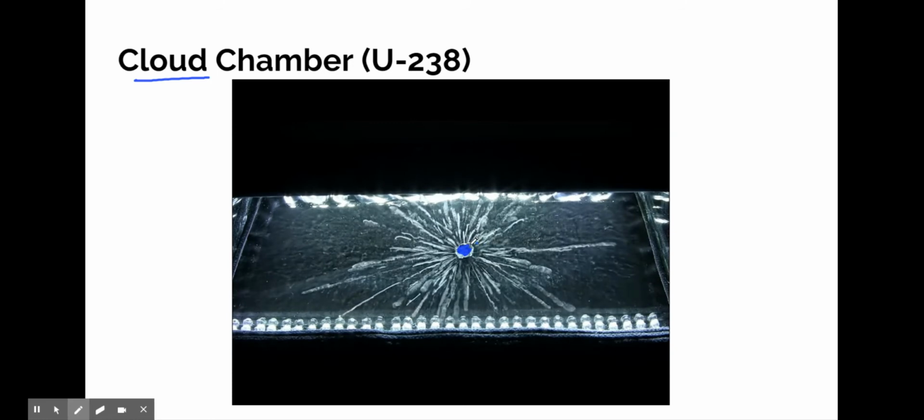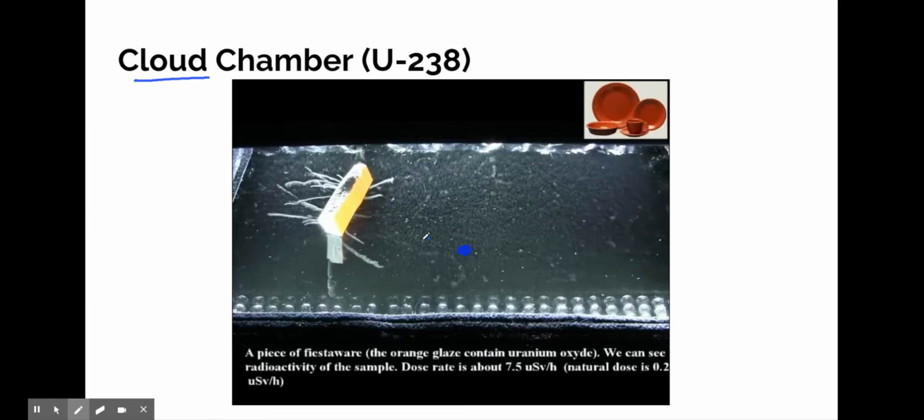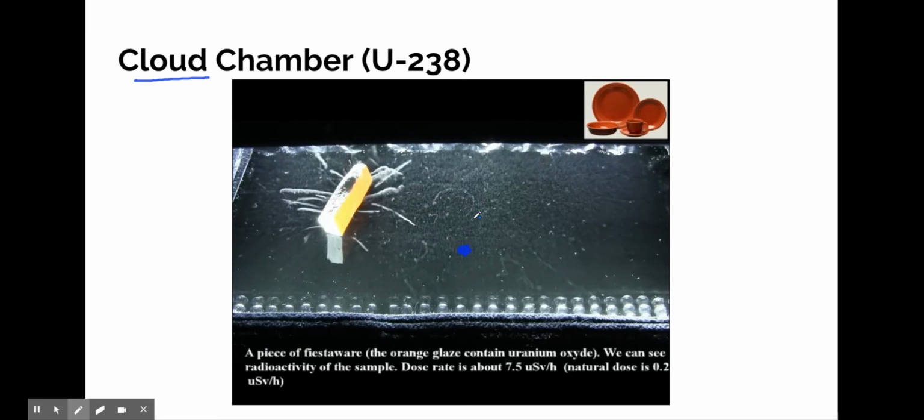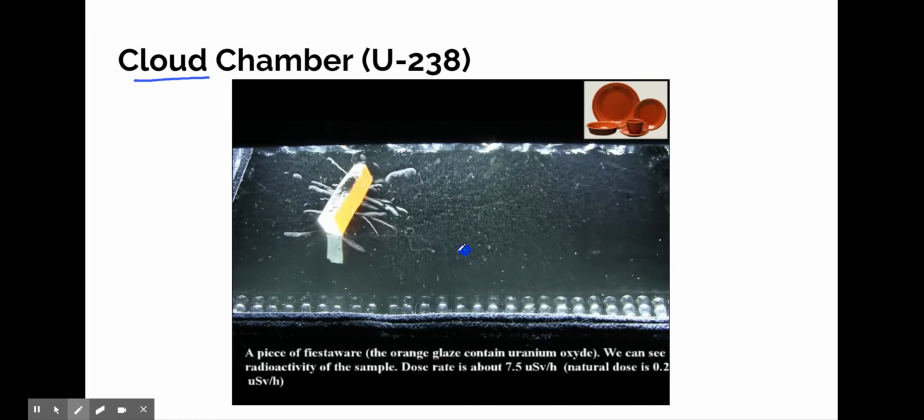And that sample is decaying, and as it decays, it emits some sort of radioactive decay particles. And the experimenter has placed the radioactive material into an environment that probably has a bunch of pure alcohol dissolved in it, and so it's evaporating in this region.